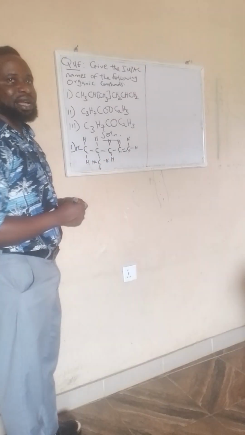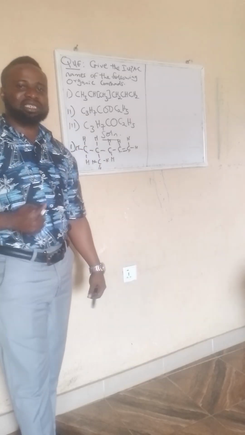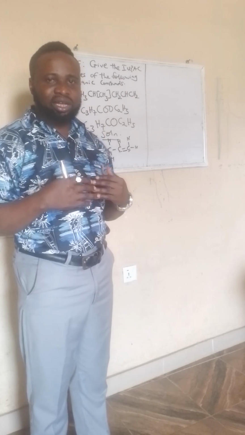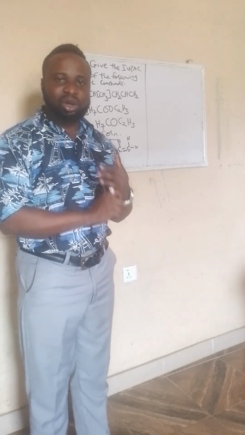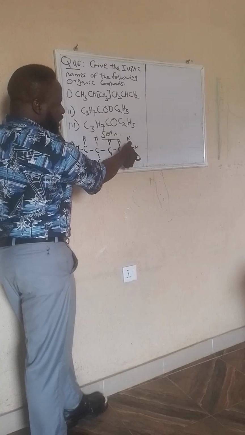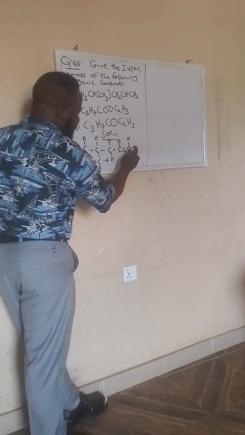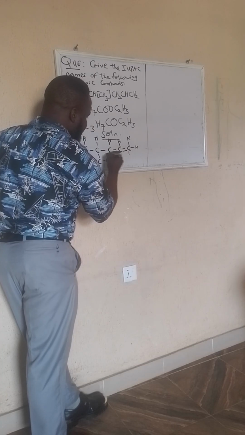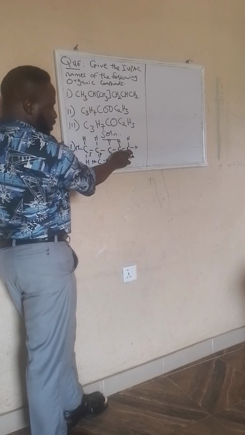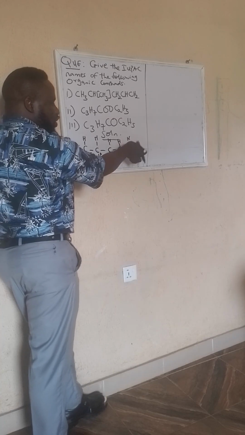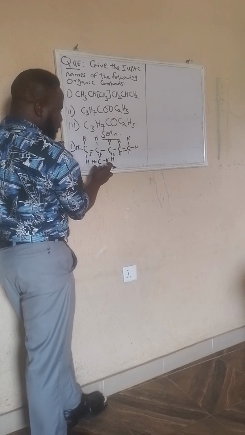So I will now give the carbon numbers such that it must give the lowest number to a functional group or to a substituent attached. Now, functional group has to take priority over substituent. So this is where I'm going to start from. This is carbon 1, carbon 2, carbon 3, 4, and 5 because of the double bond here. So I have to give preference to the multiple bond, to a functional group, above a substituent.